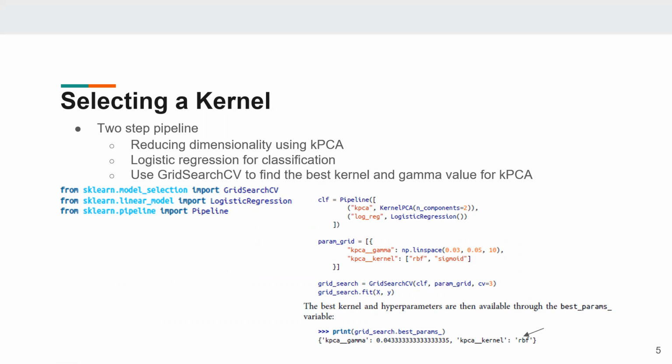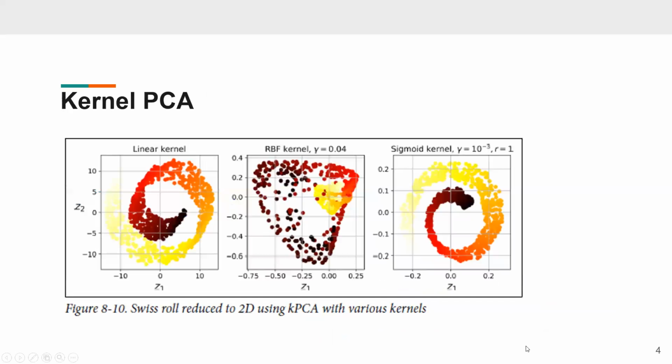At the end, you look at the grid search's best parameters. In this case, it turns out to be gamma being 0.04 and kernel being RBF, which essentially says that the middle one is a better representation, simply because you're able to differentiate the yellow points versus the red or dark points much more easily compared to the other two graphs.